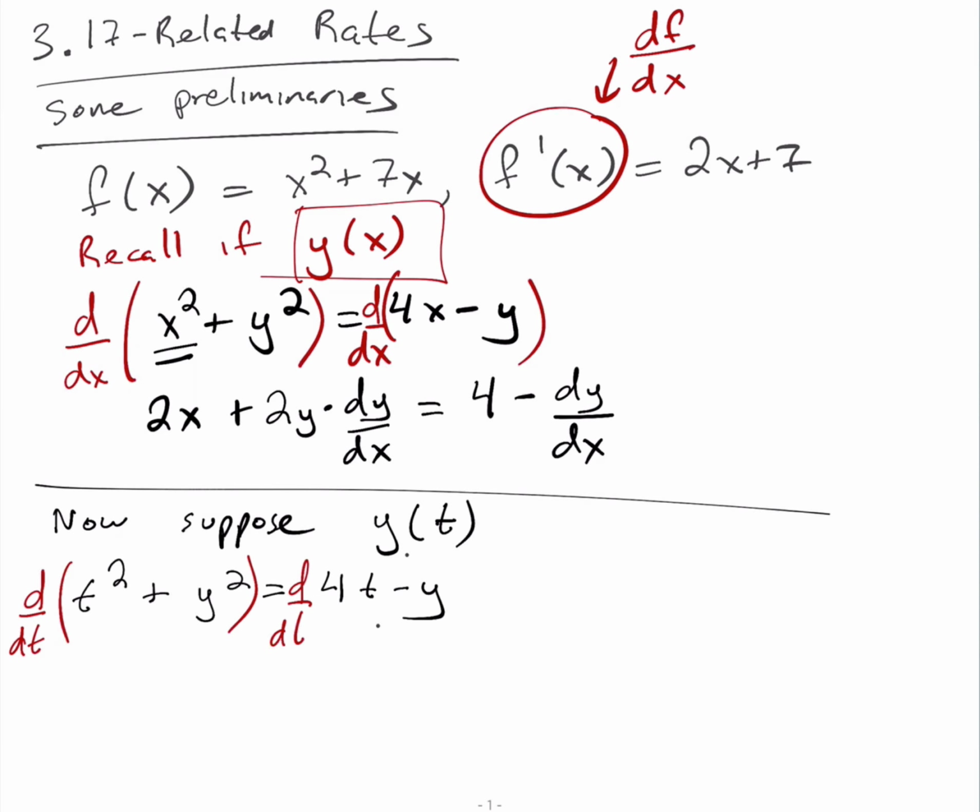So what's the derivative of that? 2t plus 2y dy over dt, right? Equals 4 minus dy over dt. Okay, so what's different about that compared to the line above? Yeah, there's nothing different about them, right? One is a t, the other one's an x, but it's exactly the same thing, right? You guys with me? Okay, so nothing weird or scary about t.